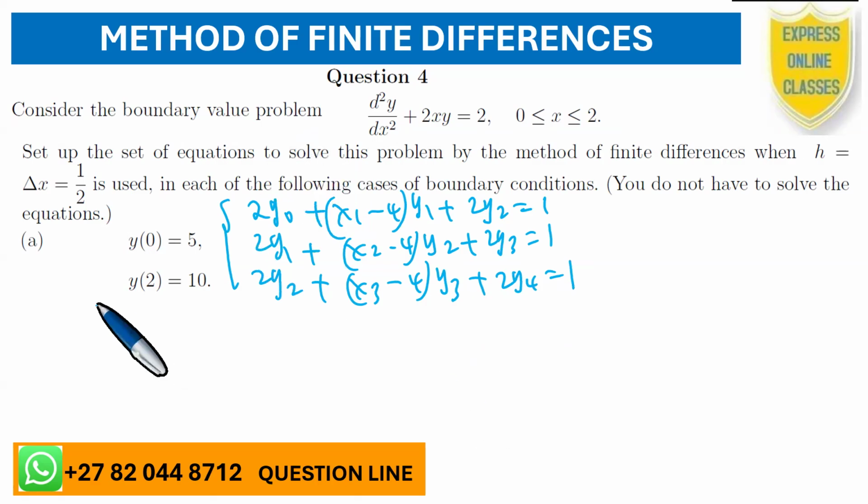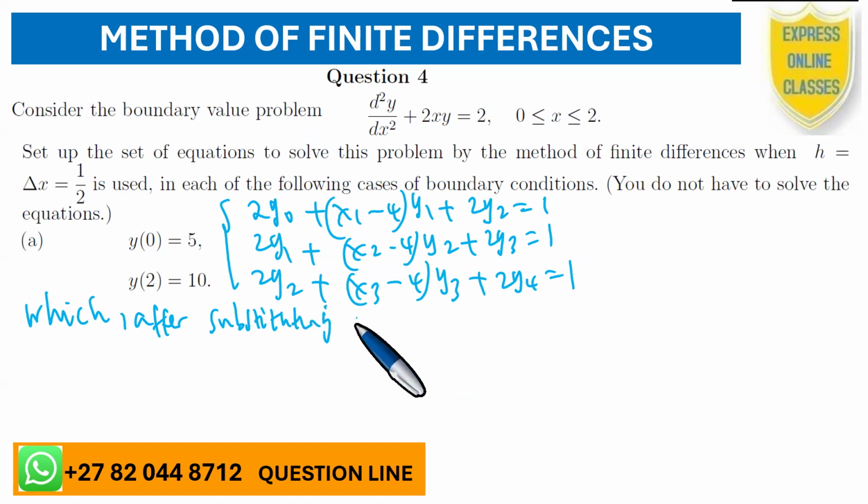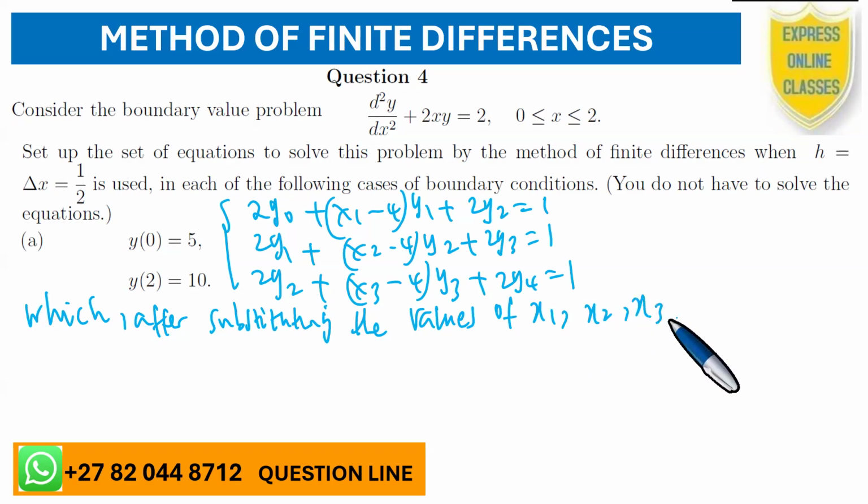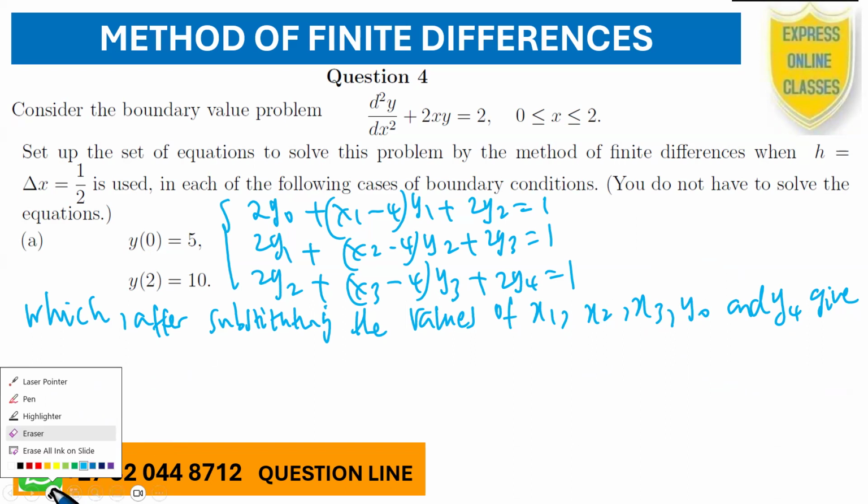Right, so now, after substituting the values of x1, x2, x3, y0, and y4, we have the following. Okay, let us substitute everything.